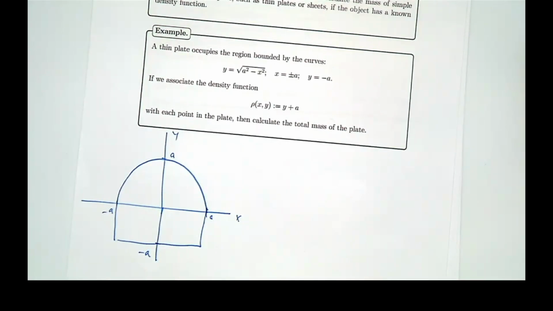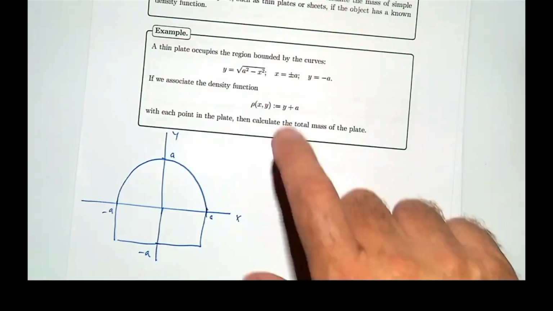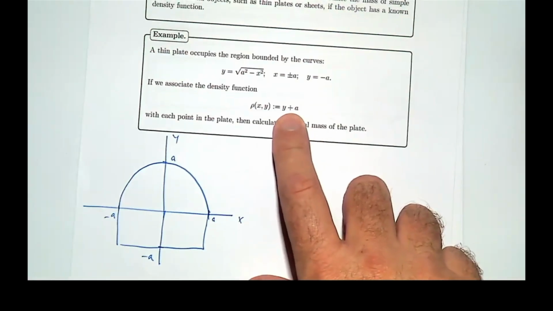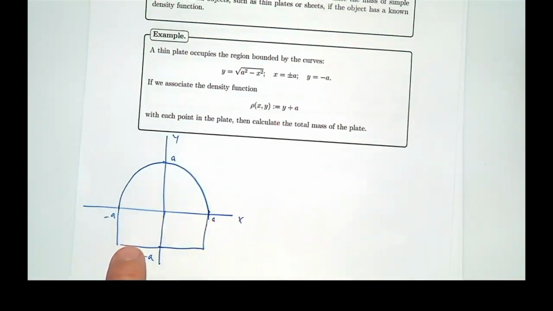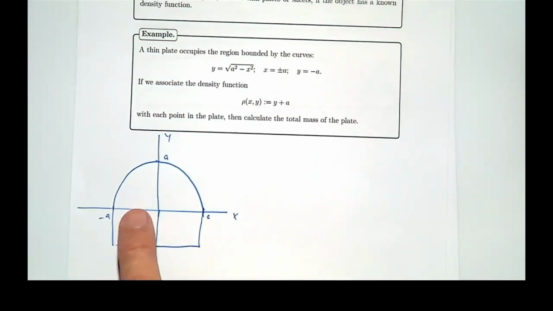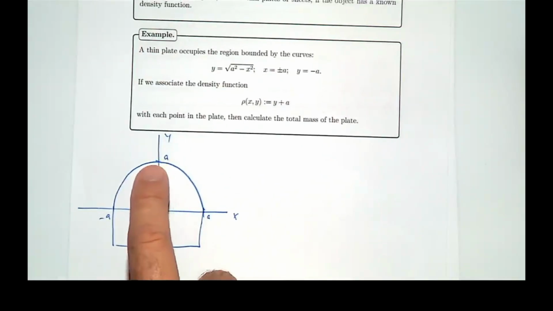That's your shape. So you want the top half of a circle, and then the bottom half is going to be like a rectangle or something. And as you move around, the density is going to change. It's less dense here than it is up here.